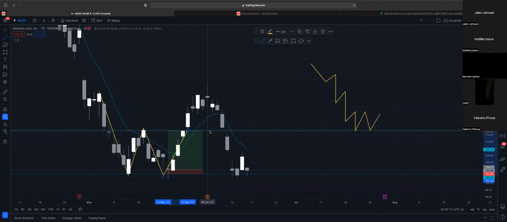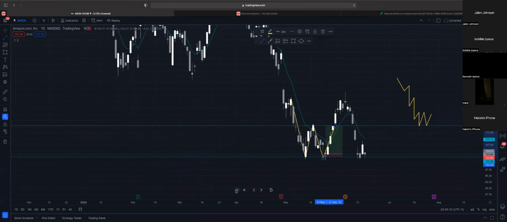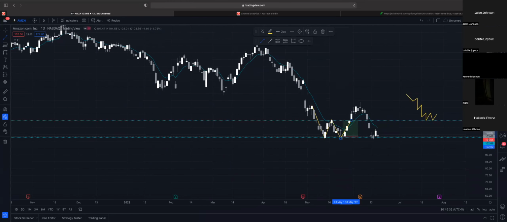So that makes it harder to dictate what's going to happen next, because we broke that previous lower high. So the trend is now kind of messed up. But that's where you can start trying to see if you can see anything else to gauge where Amazon is going. See if we can find some trend lines or anything.